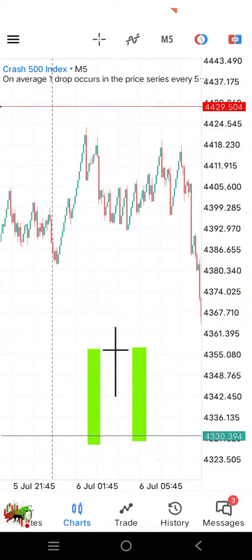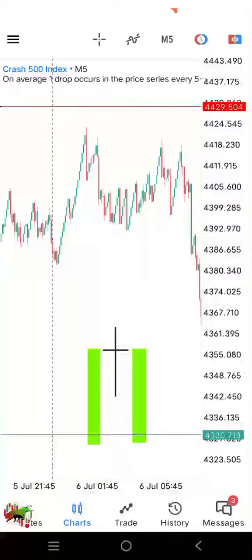I'm sure the screen is clear and things are visible to you. What I'm explaining here, you are able to watch and understand. Each time you see a bullish move and a doji candle appears, and again the next candle closes at the same price where the doji opened and closed.